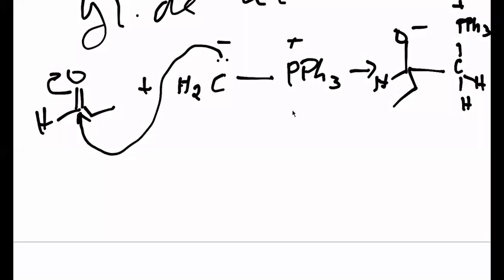All right, so this intermediate that you see, it doesn't stay like that, right? It actually cyclizes. So you go from this, which is called a betaine.